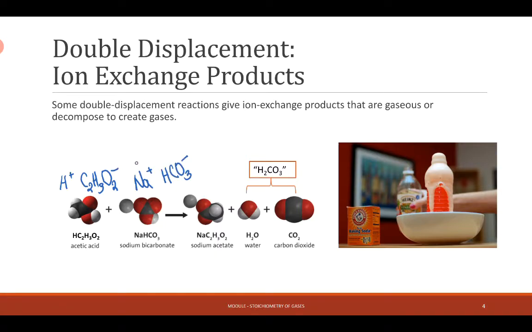When we apply our double displacement reaction pattern, sodium will bond with the acetate. That's a 1 positive and 1 negative, and so that forms sodium acetate here. And then the H and the hydrogen carbonate anion come together and they form H2CO3.